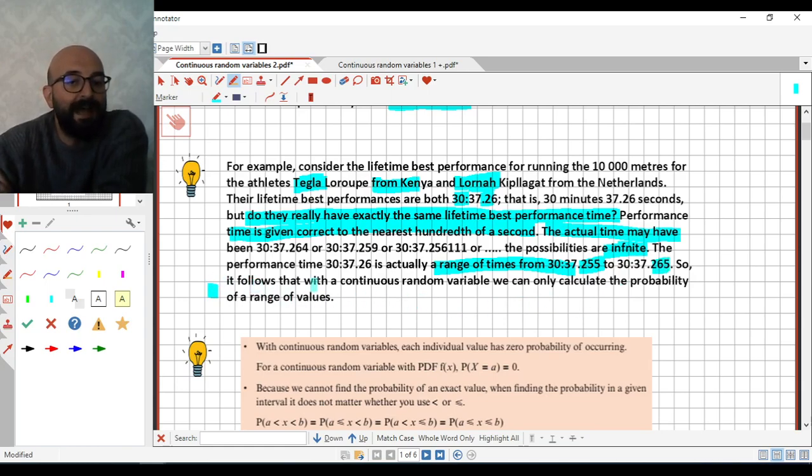So it follows that with a continuous random variable we can only calculate the probability of a range of values.